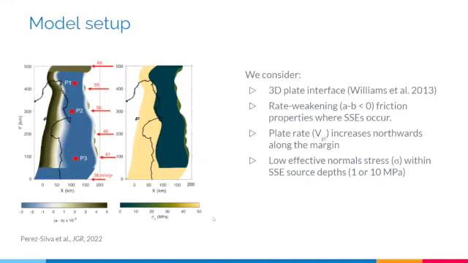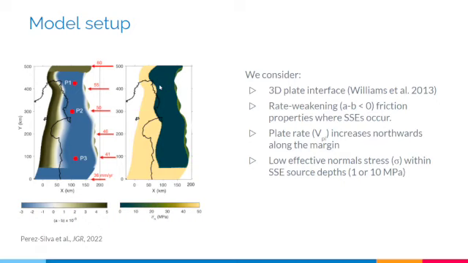Moving on to the model setup, we consider a 3D plate interface where we define the distribution of two important variables. The first is the friction parameter, which is determined by A minus B from the rate and state friction. We assume that the region where slow slip events occur is rate weakening, and the behavior is rate strengthening outside that region.